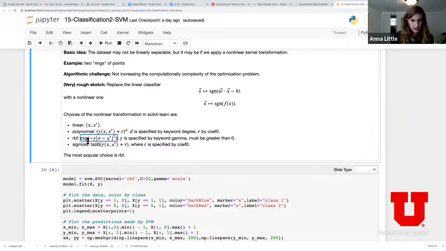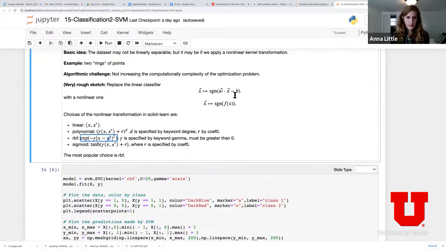So you're looking here at an exponential function, e to the minus gamma times the squared norm of x minus x prime. I think the notation here is a little bit different than what we were using before, to match the documentation for these functions. But think of this x prime as w, so that's just another way to write this vector of parameters.